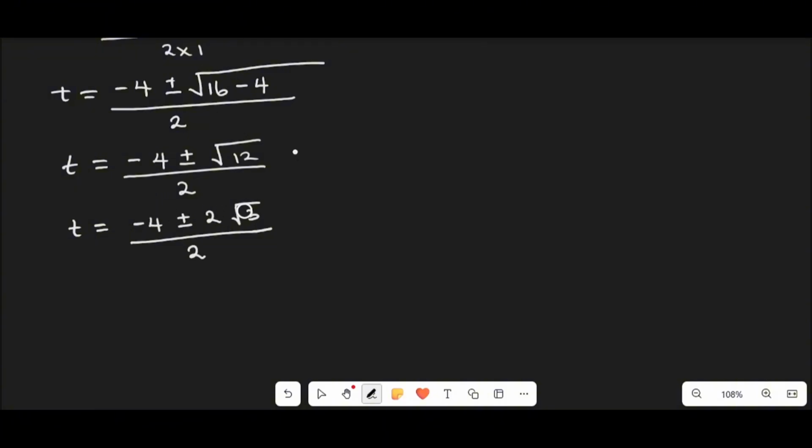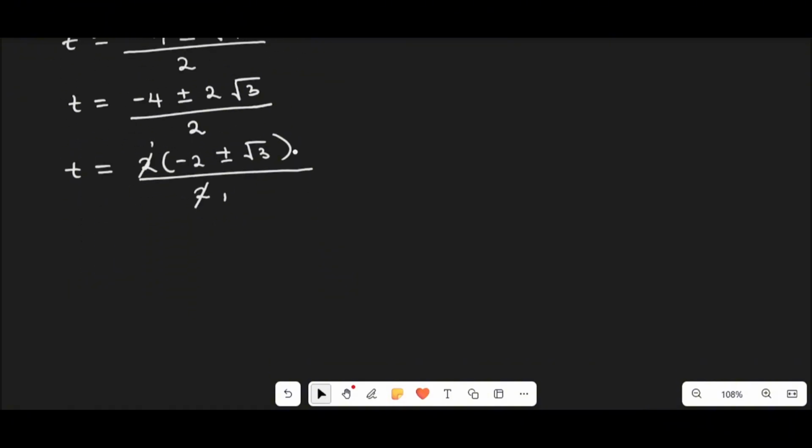From the numerator, we can factor 2 out. So we are going to have T equal to 2 times (minus 2 plus or minus root 3) over 2. 2 here 1, 2 here 1. So T equal to minus 2 plus or minus root 3.